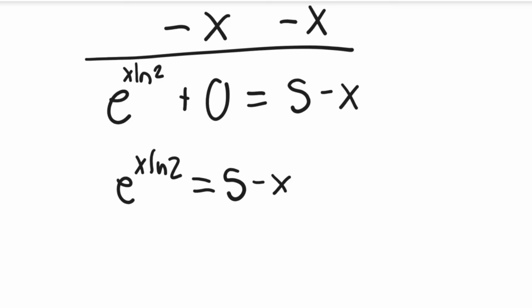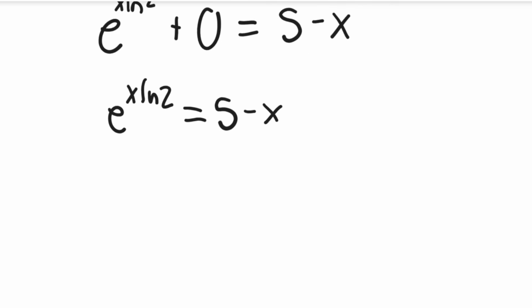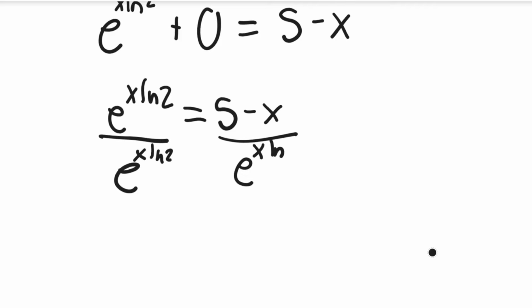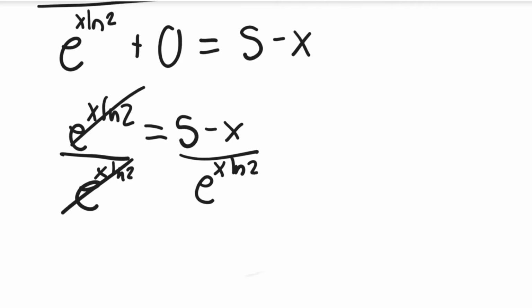Why? Now let's divide both sides by e to the x natural logarithm of 2. So let's do that. 1 is equal to 5 minus x divided by e to the x natural logarithm of 2. And these two will cancel out.